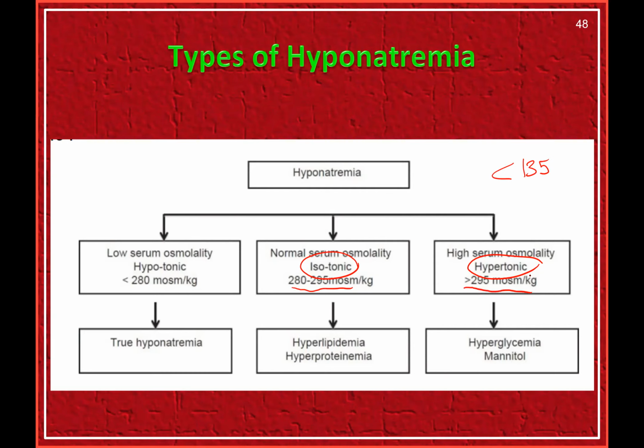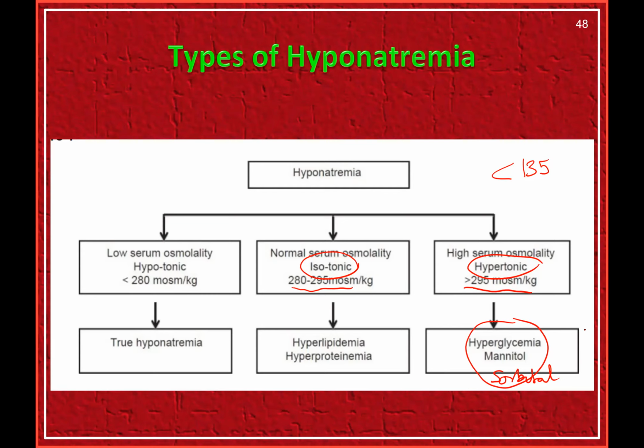The moment it is hypertonic, we are dealing with hyperglycemia, sorbitol or mannitol. So sorbitol infusion, mannitol infusion, or hyperglycemia due to any cause, particularly type 2 diabetes, throw the system into a hypertonic state and there will be hyponatremia associated with that.